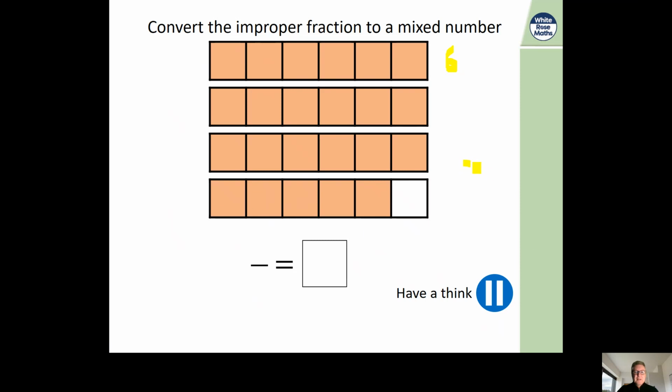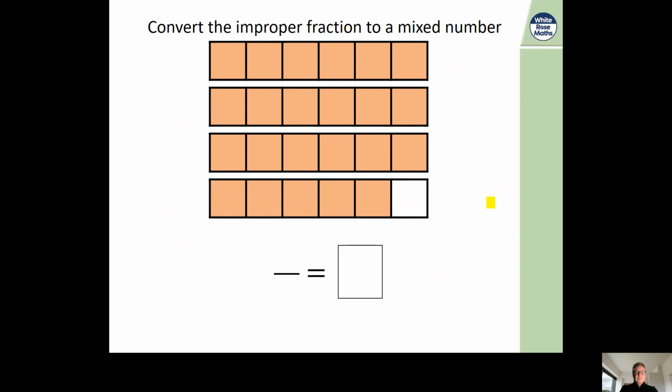Is that going to help us? How many wholes? 1, 2, 3. Is this a whole?